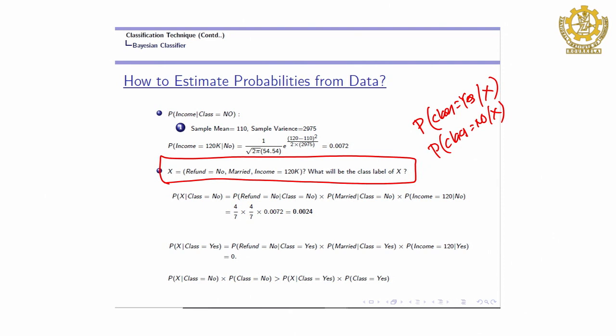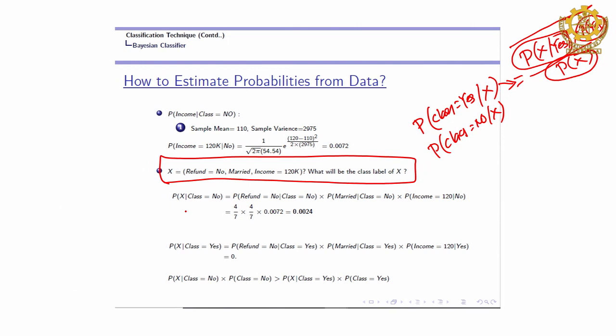As you know, you have to compute the probability of x given class Yes, the probability of Yes, and the probability of x, but the last one does not need to be computed. Only this part you have to compute, and here we apply the naive Bayes rule.